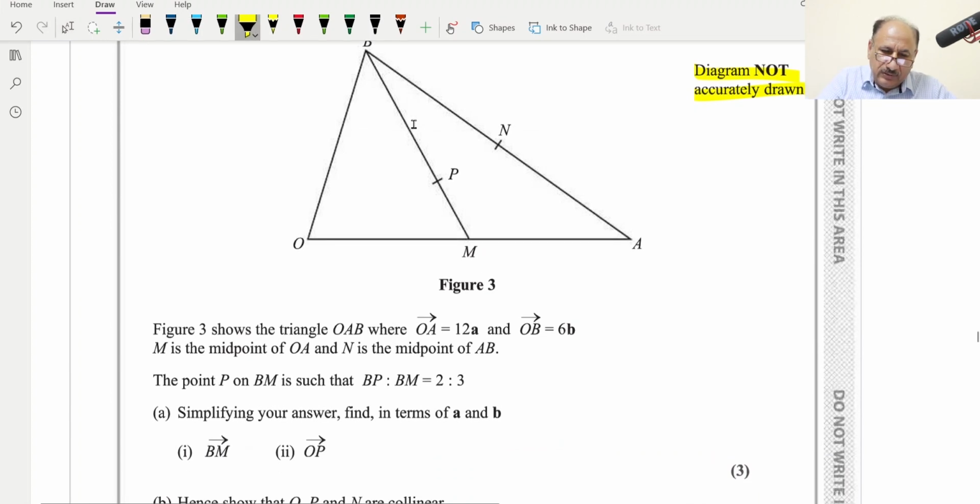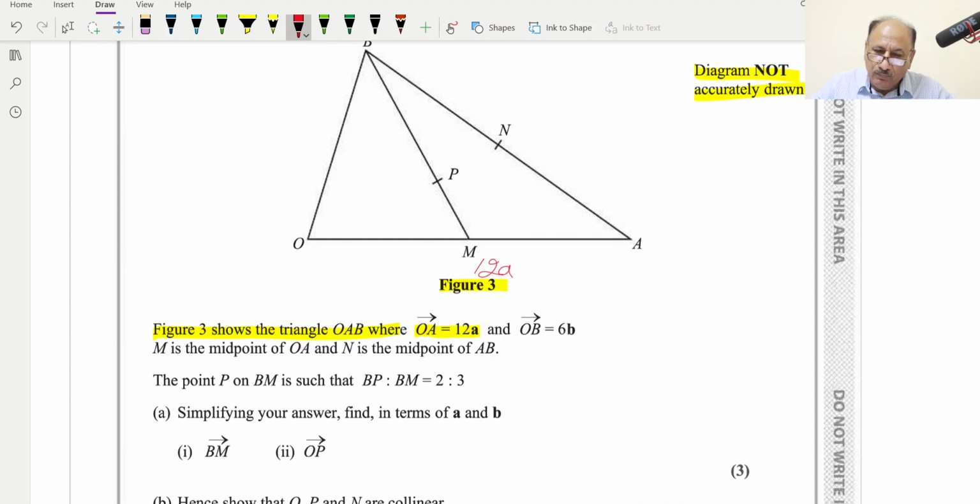So figure 3, this is figure 3. Figure 3 shows the triangle OAB, where OA is equal to 12A. So this whole length is 12A, and OB is equal to 6B.